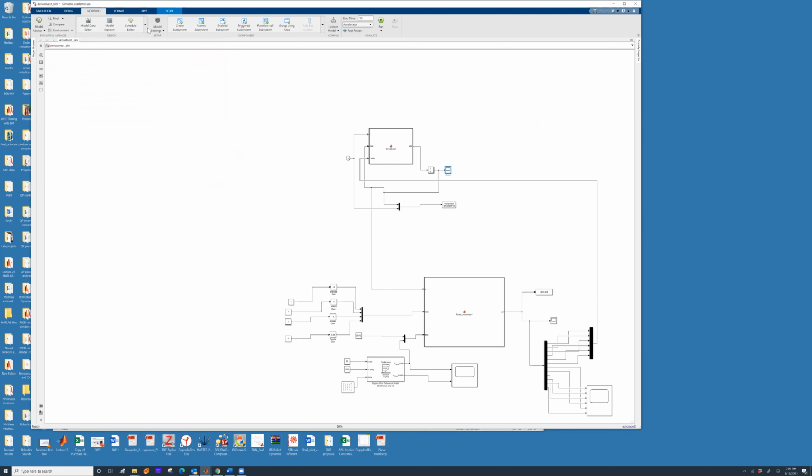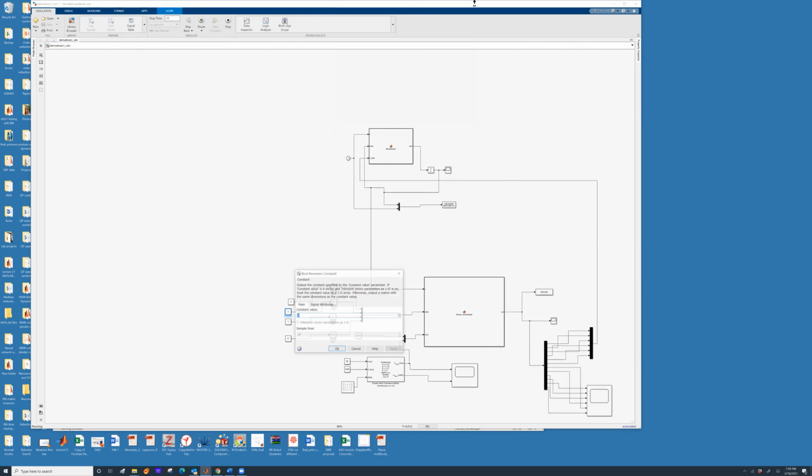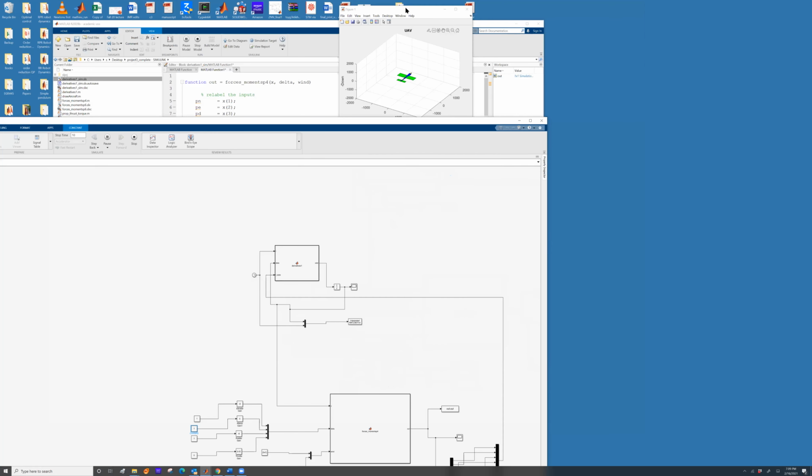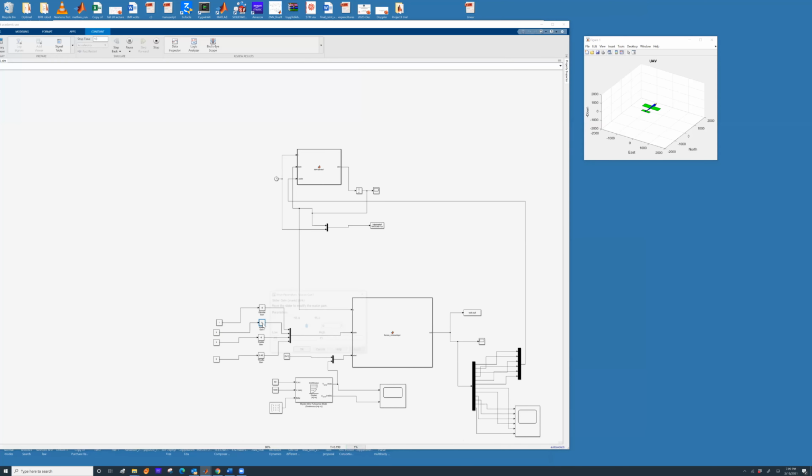Now what I'm going to do is run the simulation. So click on run, and you can see this airplane. Let me show you both. As you change the aileron gain, you will see that the aircraft is going to rotate along the aileron.